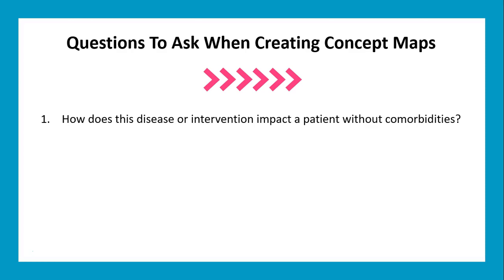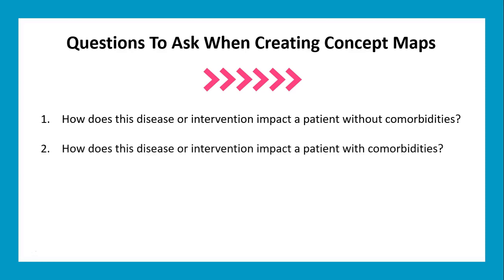Here we're asking, how does this disease or intervention that we're doing impact a patient with only one disorder? The second question we'll ask is, how does this disease or intervention impact a patient with comorbidities? This means that our patient has 1 or more co-disorders. So you're not just dealing with their primary disorder, but you're also dealing with their maybe second or third or fourth disorder that they may have.